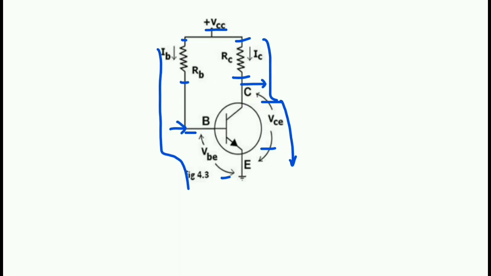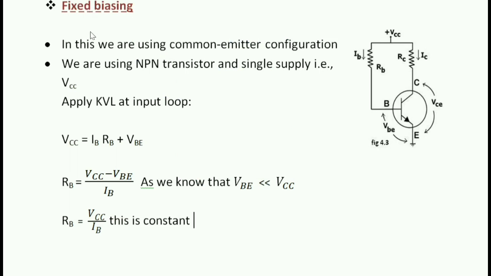Let us see what the stability of this circuit is and how it is useful. In fixed biasing, we have seen that the emitter is common and a single voltage source is applied. Now let us apply KVL at the input loop.